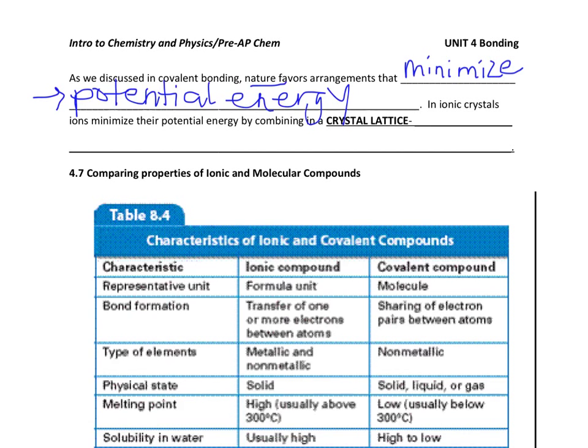And the way that they like to do this, in ionic crystals, ions minimize their potential energy by combining in a crystal lattice, which is an orderly arrangement of oppositely charged ions.